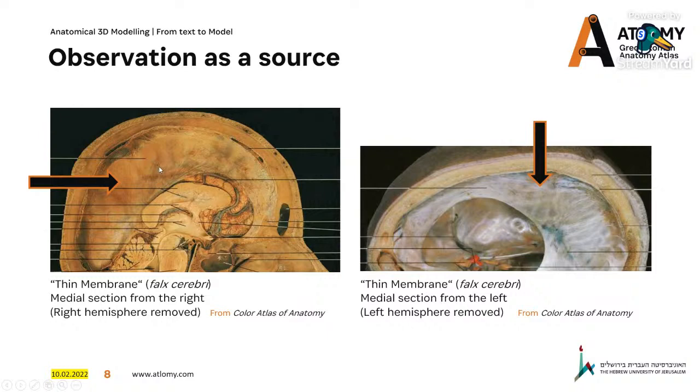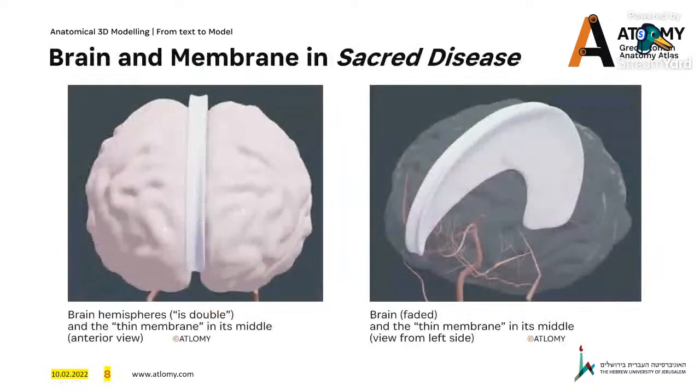The head has been cut in the middle, and we are looking from the right side, and we can see really that it's thin. So we were basing our interpretation and our presentation of this thin membrane on reality, so to speak, based on the assumption that this is what they were able to see.